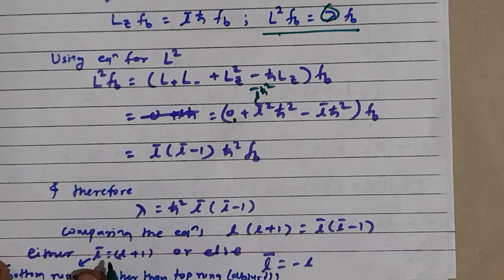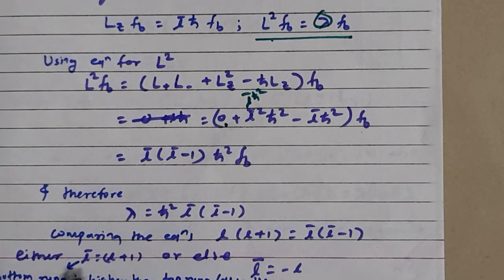So what we have chosen here is that L bar is equal to L plus 1, or else L bar is equal to minus L. Why have we chosen this?